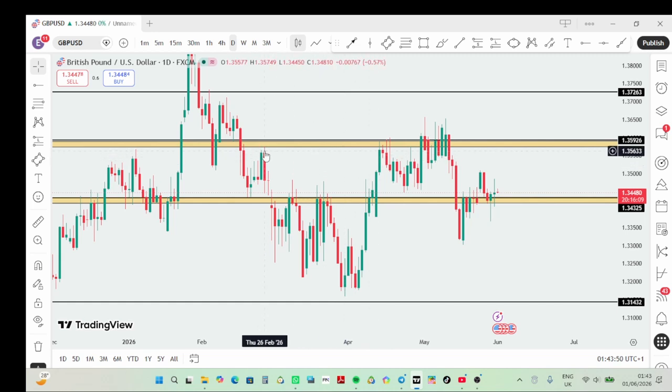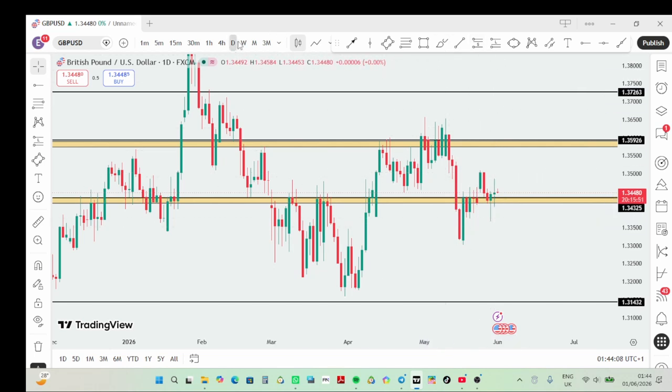As you can see, in the time past, this should be February 2026, there has been a rejection point here. So apparently there will be a rejection level at this point also. So we just be looking for a rejection.